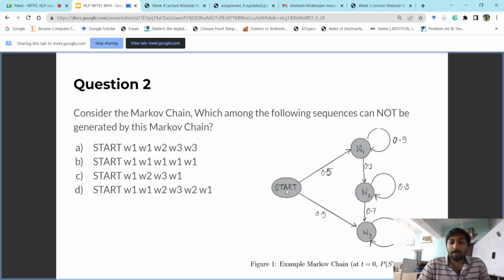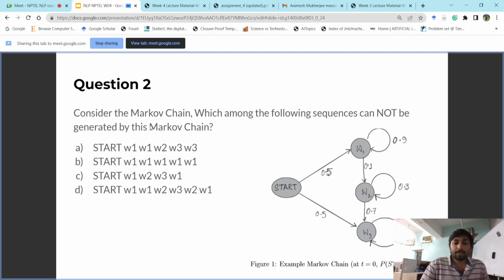Now we have to see which of the following sequences will not be possible using this Markov chain.